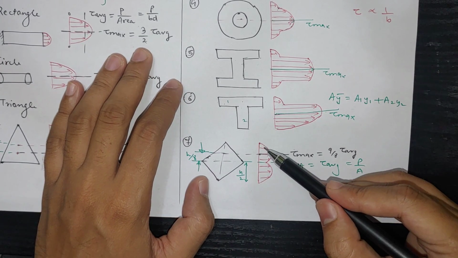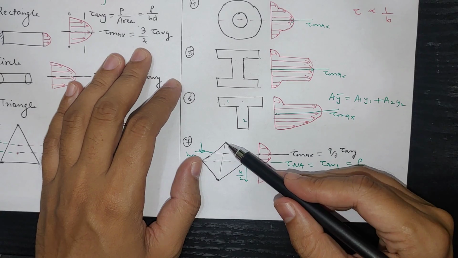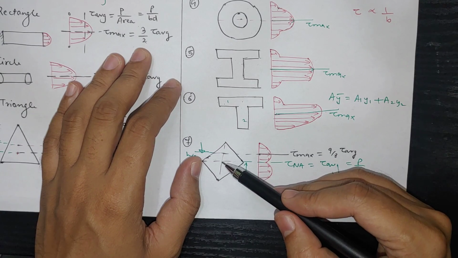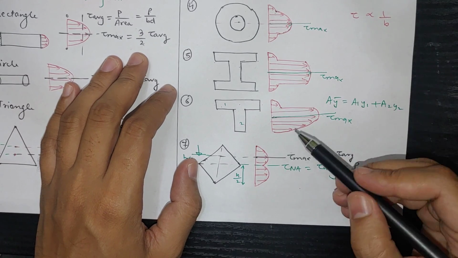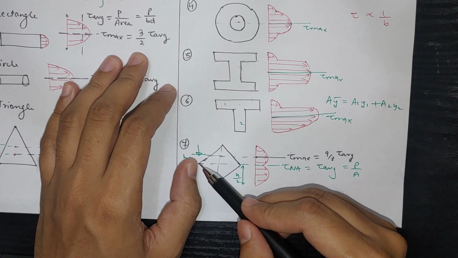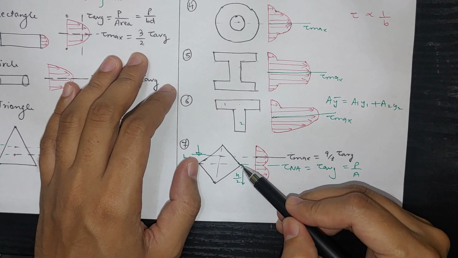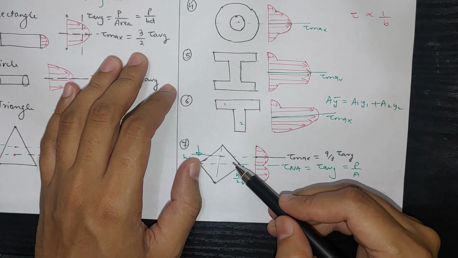Here, if you see, the width is increasing continuously toward the center point, and if you are moving toward the center point, shear stress will increase, and shear stress is inversely proportional to width. So the combined effect of both slightly decreases the shear stress here, because the influence of width is much more than the distance from the center line.